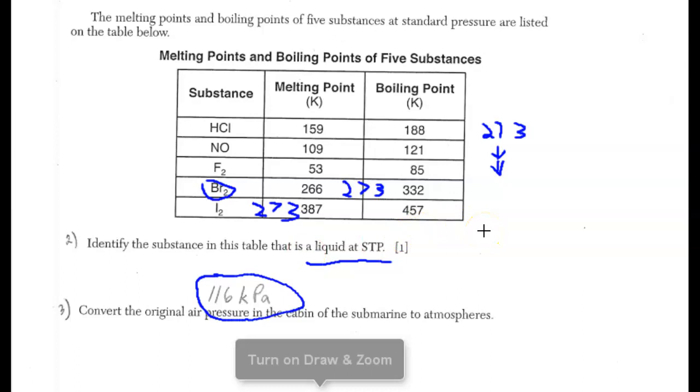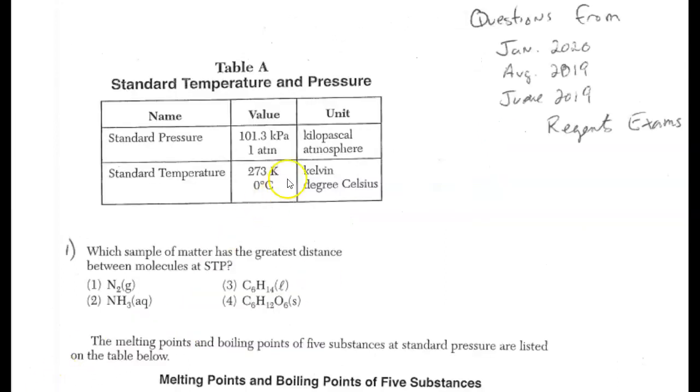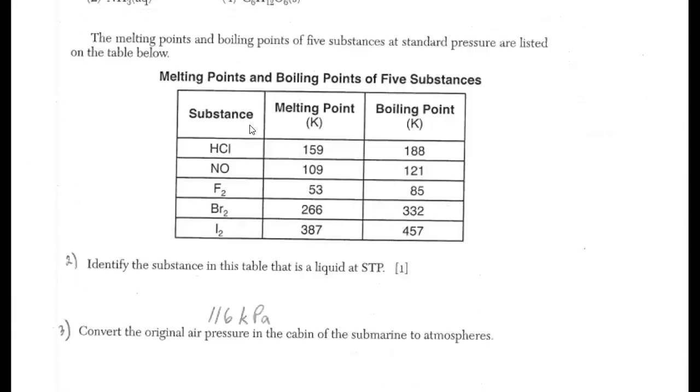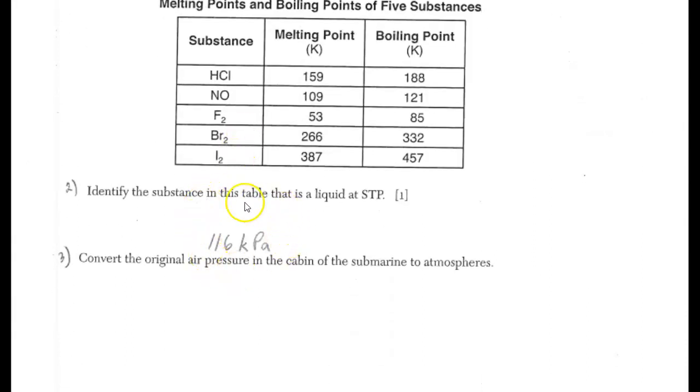However, if you don't know where to look, you're going to run into a problem. So let's take a look at reference table A. All right, here on reference table A, under standard pressure, 101.3 kilopascals is 1 atm. I need that information now to figure out how many atm 116 kilopascals is.